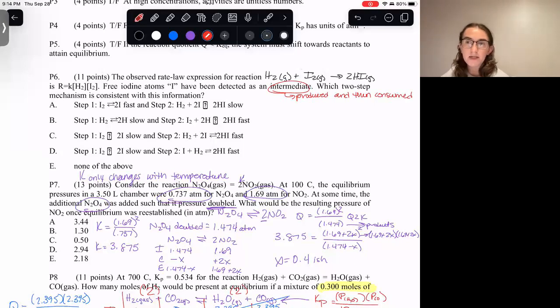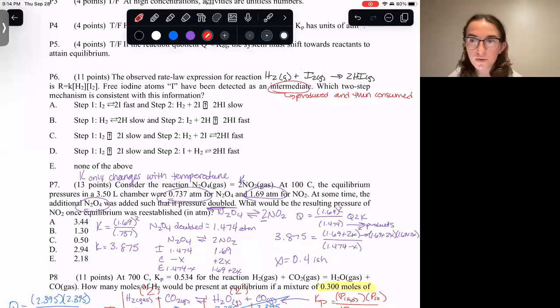Okay, so it cannot be a reactant in your first step. It has to be a product of your second or third step if you have more than one. Okay, can intermediates show up in your rate law? Nope.